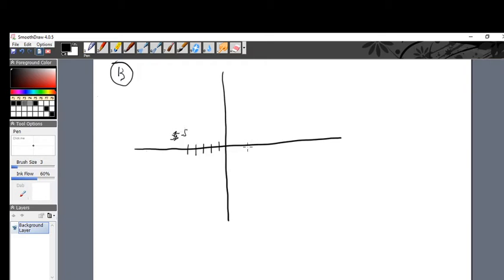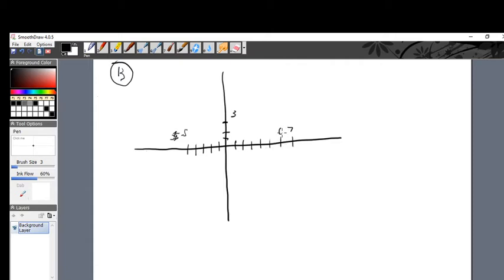All right. So now, after putting my minus 5 there, I've got to go up 3. I need a graph that has the capability of going up 3. I need to go 7 to the right. 1, 2, 3, 4, 5, 6, 7.